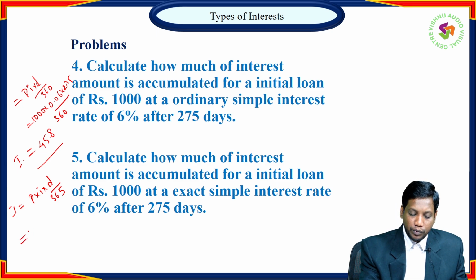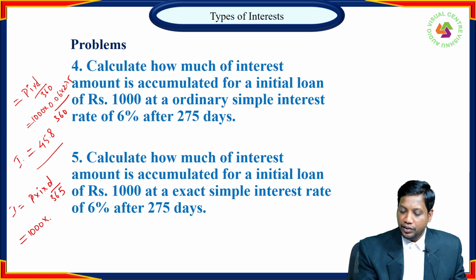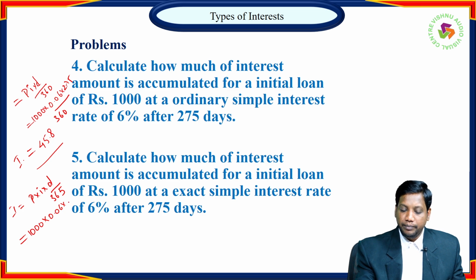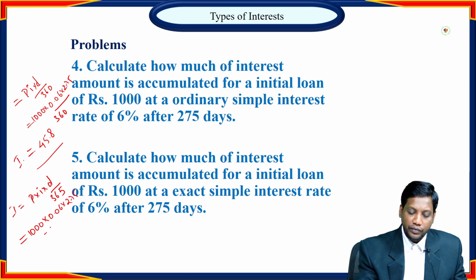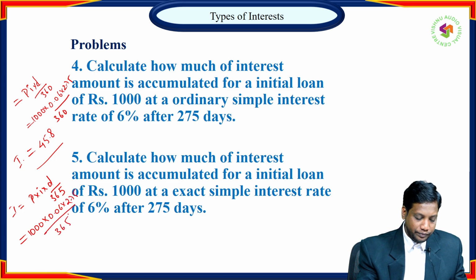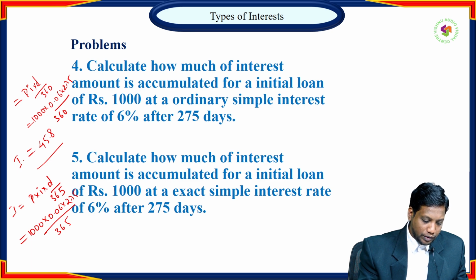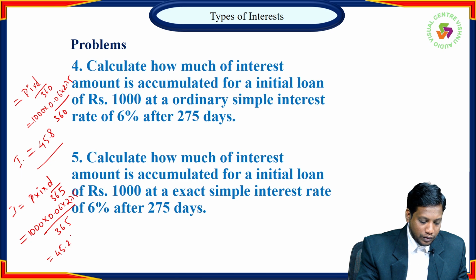That is the small difference we have. So here the principal amount is the same, 1000, multiplied by the interest rate, same, 0.06, after a period of time of 275 days divided by 365. So 0.06 multiplied by 275 divided by 365 multiplied by 1000 gives 45.20.